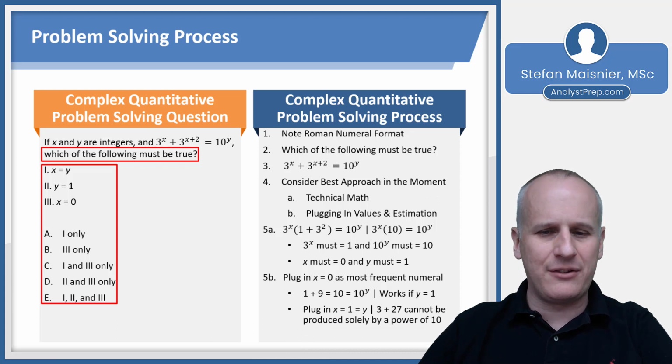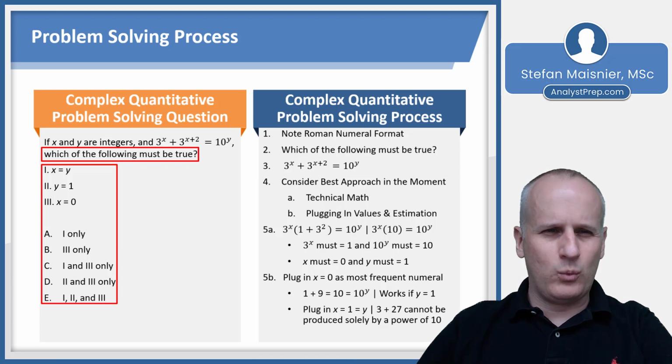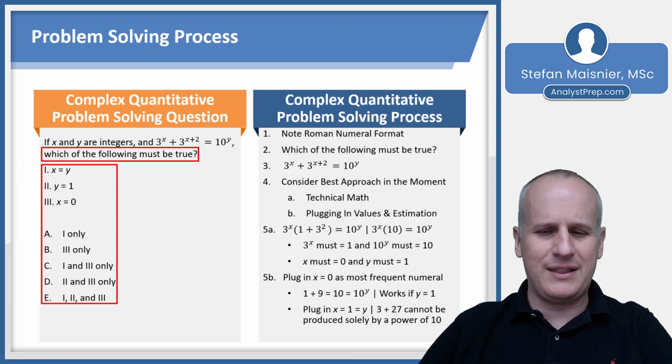And if we plug in another value for x, like 1, well, even if x is equal to y for Roman numeral 1, then we've got a situation where you're going to have 3 plus 27, because 3 to the first is 3, and then 3 to the 1 plus 2 power is going to be 3 to the third, which is 27. And you aren't going to have any power of 3 that can be produced by a power of 10 on the right-hand side of this equation, except for when there's 0 threes.